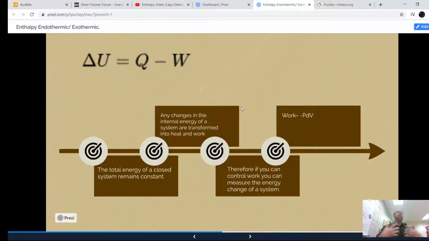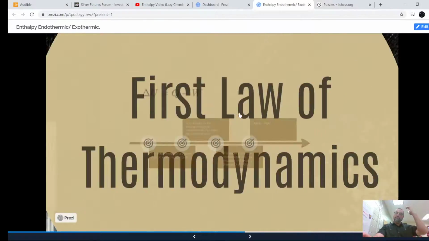But all of the energy that was in that donut is going to be converted to either work or heat. Okay? That's essentially what the first law of thermodynamics is: there's always a balance between the amount of energy that goes in and the amount of energy that comes out of a system.